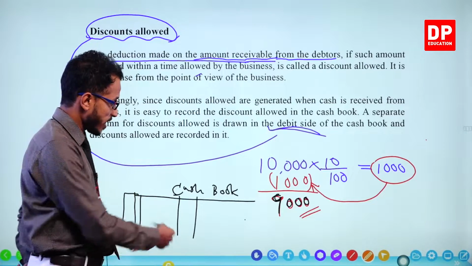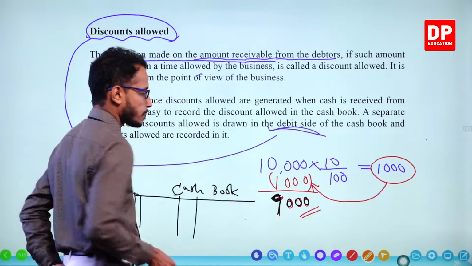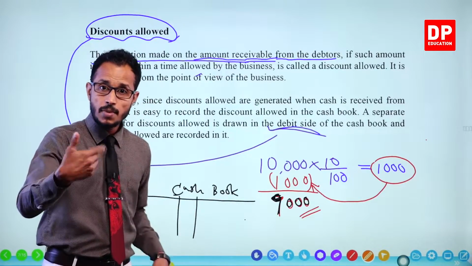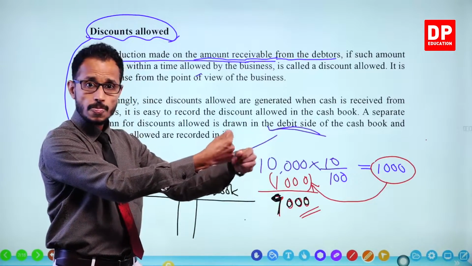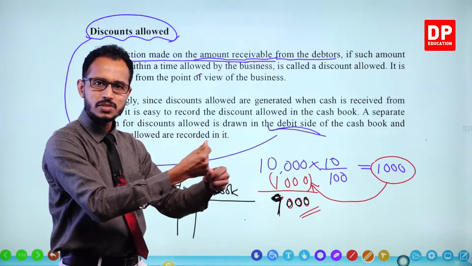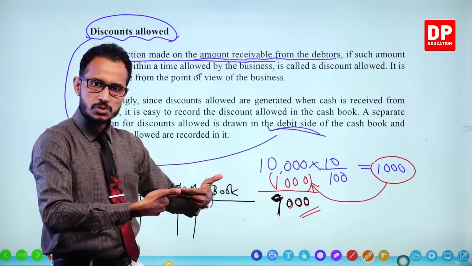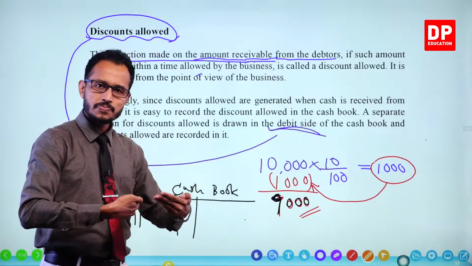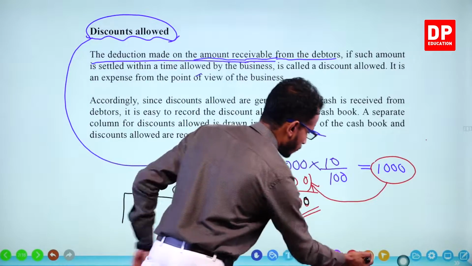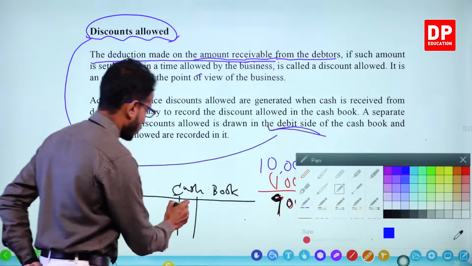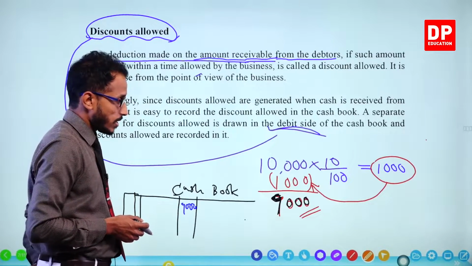Tell me, in which side are you going to record this 9,000? Because you are getting money from the debtor. Money comes in, right? Cash comes into the business. It's a debit entry. It goes to the debit side of the cash book. 9,000 debit, right?